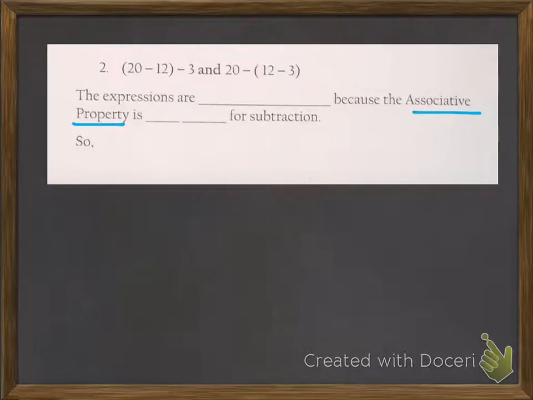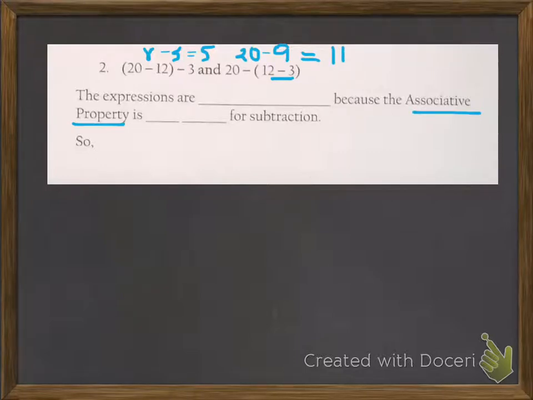So 20 minus 12 is 8. 8 minus 3 equals 5. And then here we have to do parentheses first, order of operations. 12 minus 3 is 9. And then 20 minus 9 is 11. So 5 does not equal 11.